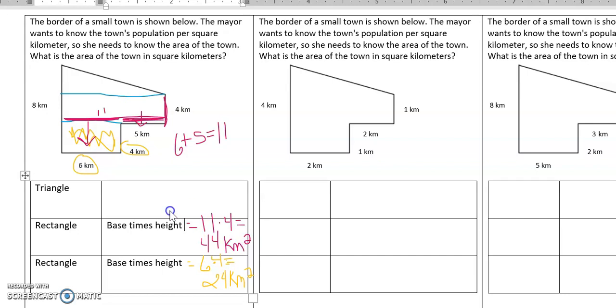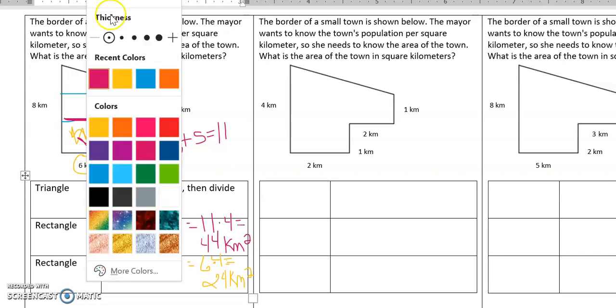And then the last thing I need to do is find the area of the triangle, which remember, is not just base times height. You see, that's the area of a rectangle. It's base times height, then divide by 2. I'm going to change my color again. Use a darker blue.